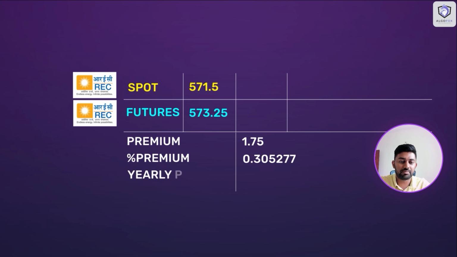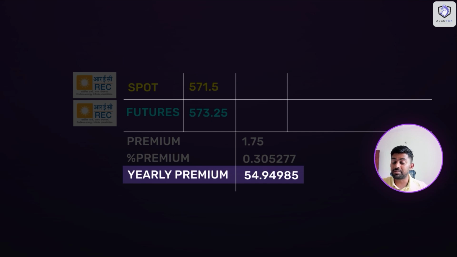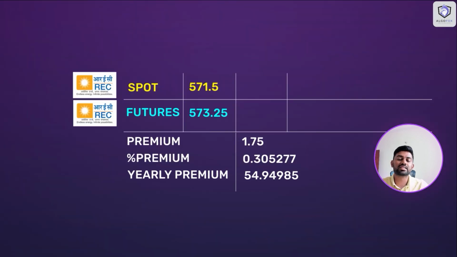So the yearly premium would become 54.9, almost 55%. Now imagine REC trading at a yearly premium yield of 55%, whereas in India, the risk-free rate of return is hardly 7%. So this becomes a perfect arbitrage opportunity.